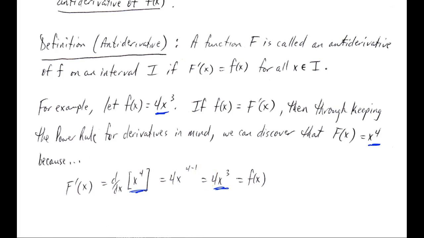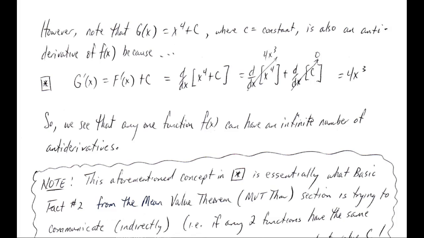Okay. Now, the reason why I said that x raised to the 4 is an antiderivative is because antiderivatives aren't necessarily unique in all cases. And so if we look here, we see that if we were to add a constant to x raised to the fourth, then if we took the derivative of that, we will still end up with 4 times x raised to the 3.